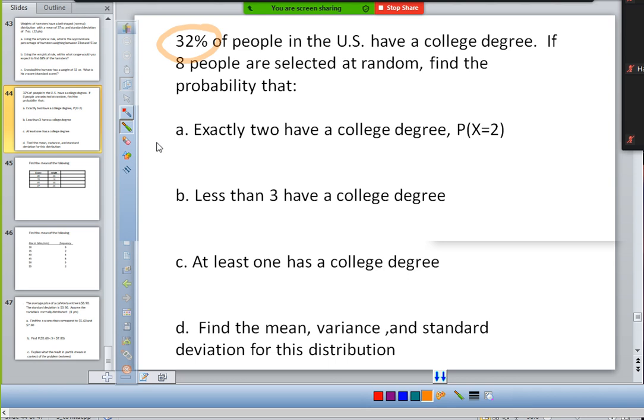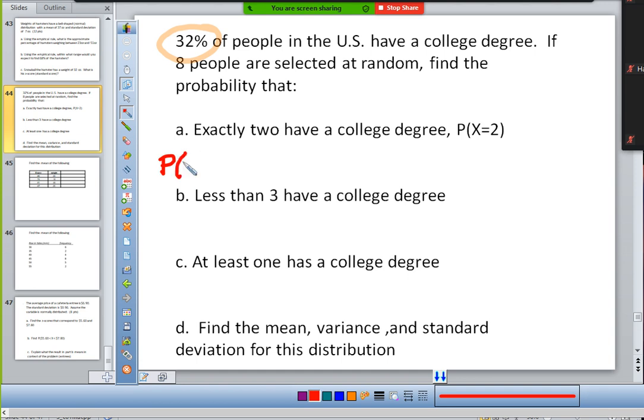Like Megan had said, it's something like the probability of X is equal to little n choose x times little p to the x times little q to the n minus x.